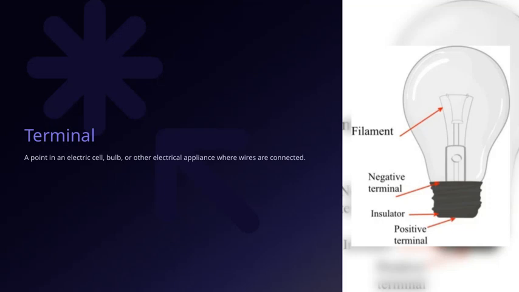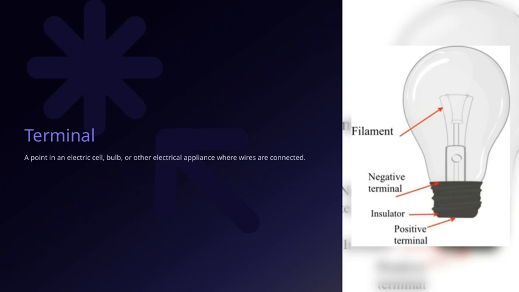Let's take a closer look at what we mean by terminal in the context of electrical circuits. A terminal is essentially a point where wires are connected to an electric cell, a bulb, or any other electrical appliance. Think of it as the connection point that allows electricity to flow in or out of the device. This is a crucial concept because without proper terminals, the electrical circuit wouldn't be complete and the device wouldn't function.